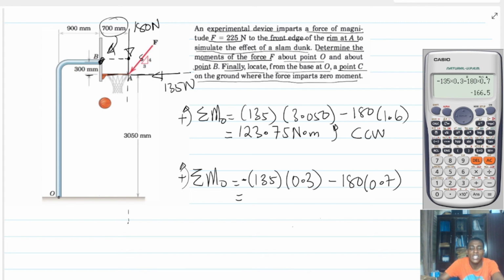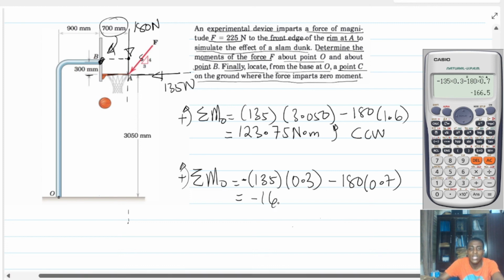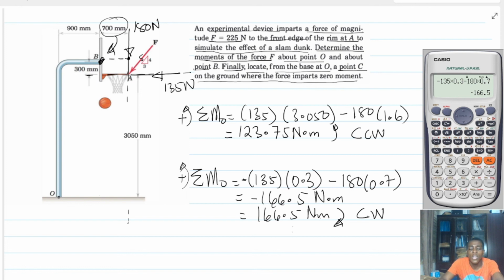So 166.5 Newton meter. The minus sign is just telling us that the moment there is clockwise. So I can either do this or you can write clockwise. They are all the same. So we've been able to solve the moment about point O.